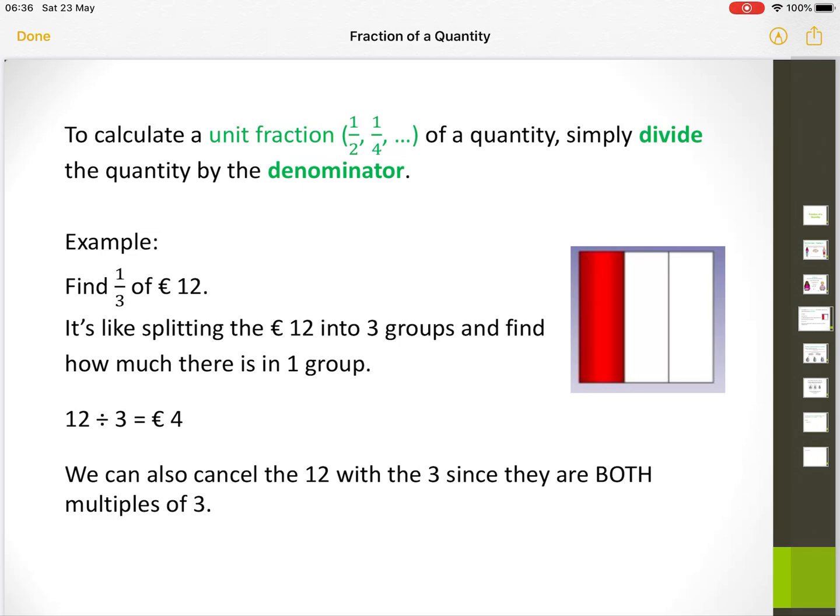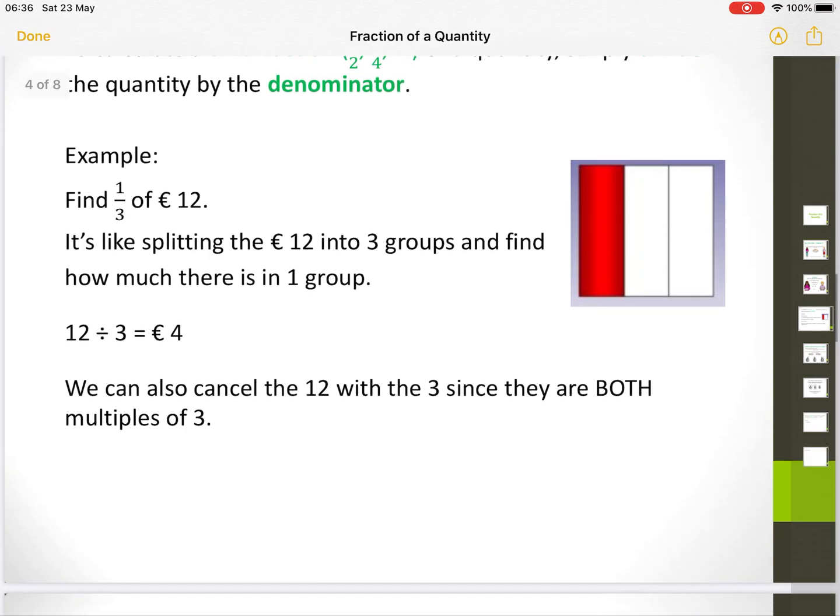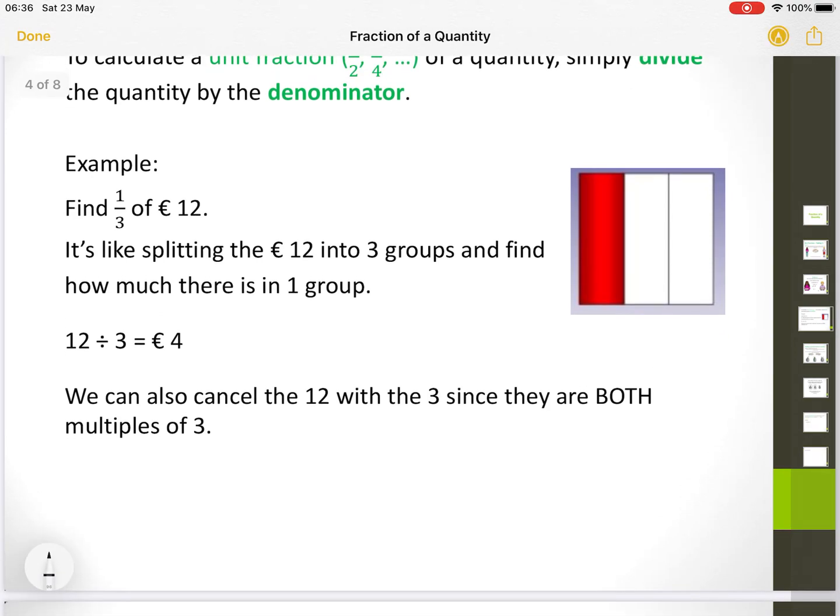So I simply divide the 12 by 3, because 3 is the denominator. 12 divided by 3. There is also a note that we can cancel the 12 with the 3 because they are both multiples of 3, but we have to write them down as a fraction first. So 1/3 is 1 all over 3. Instead of "of" in mathematics, we write times.